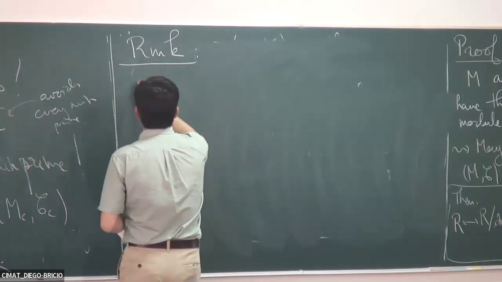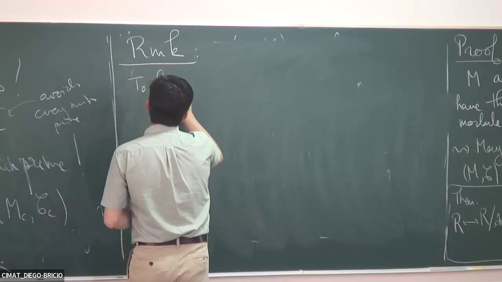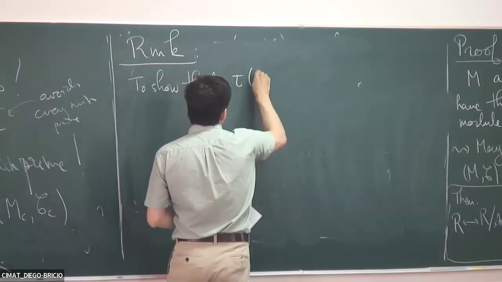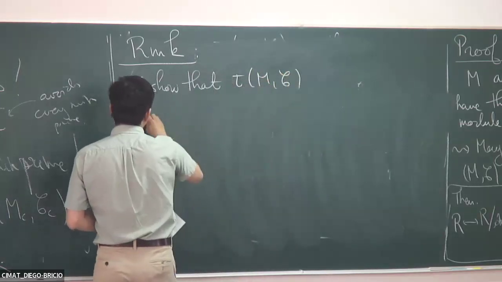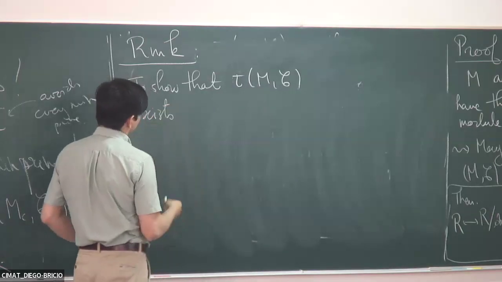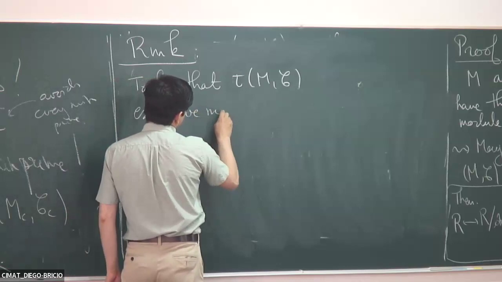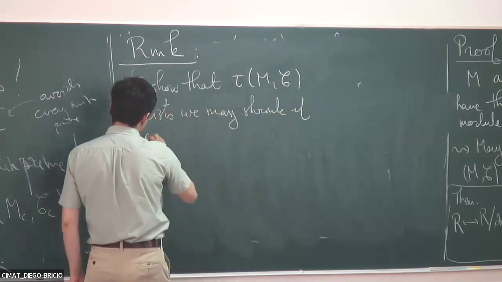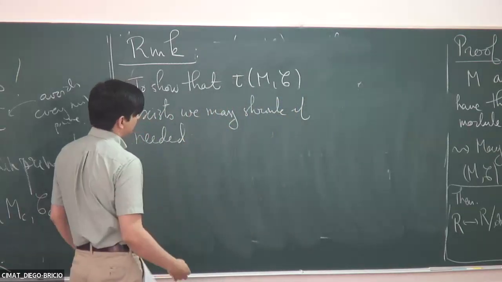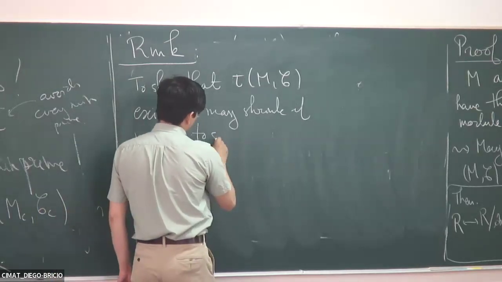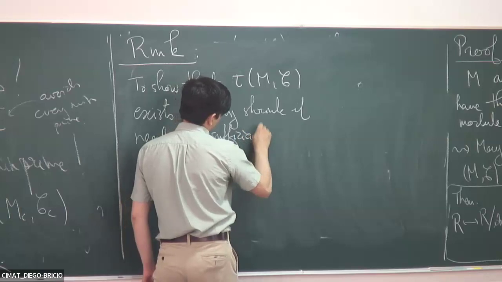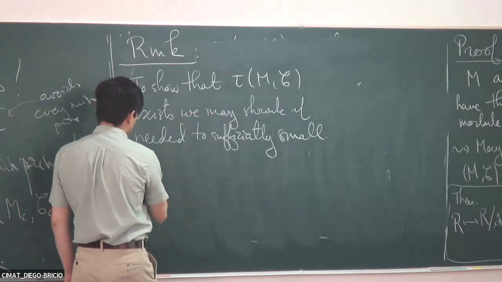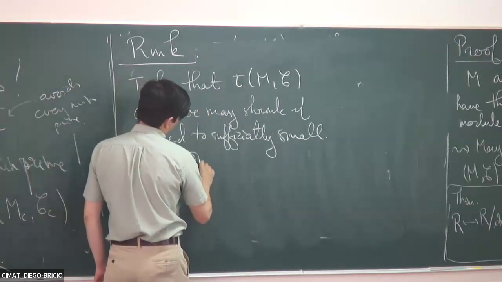So then, to show that tau exists, we may shrink if needed to sufficiently small dense open subsets.